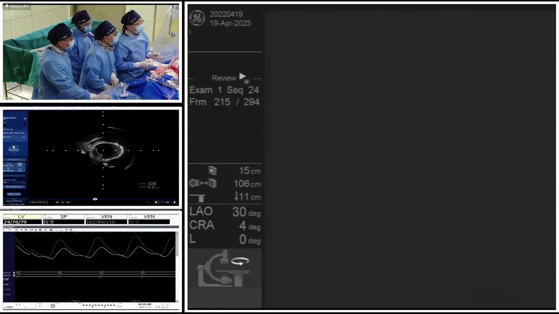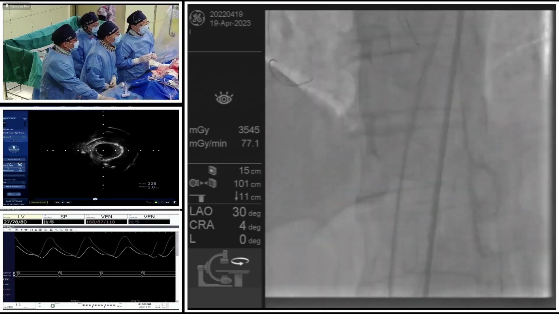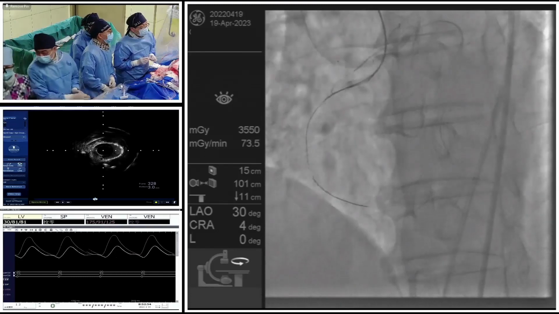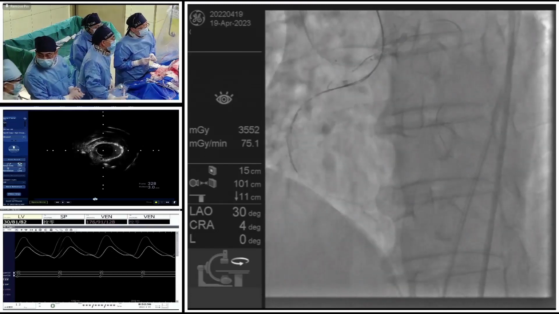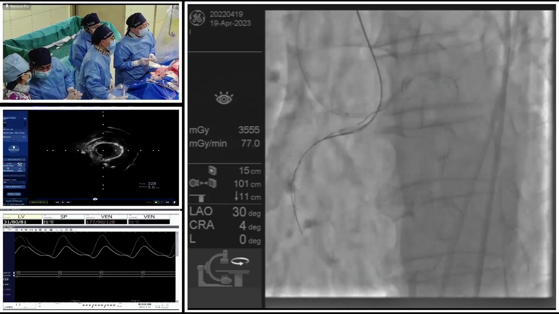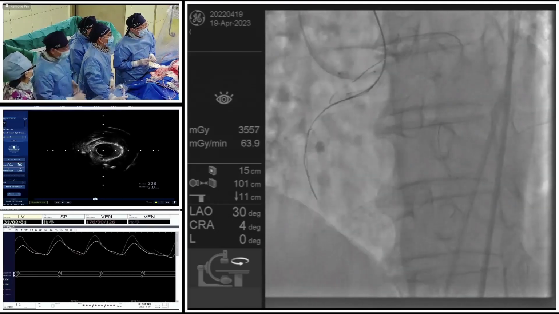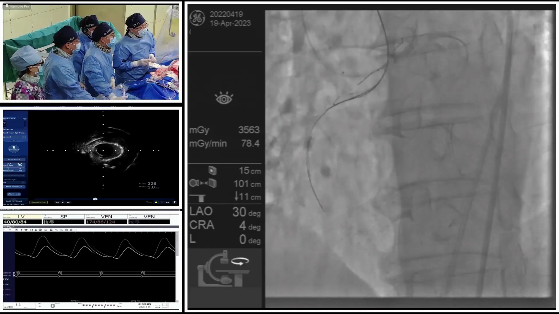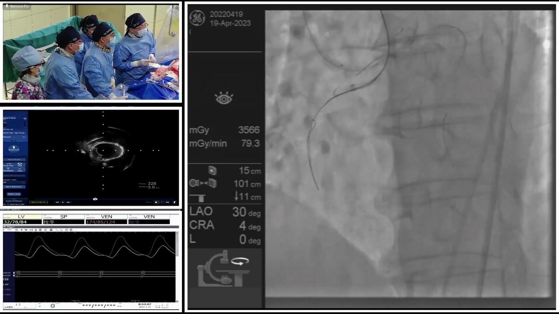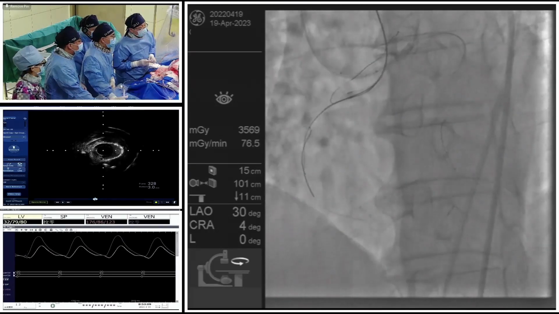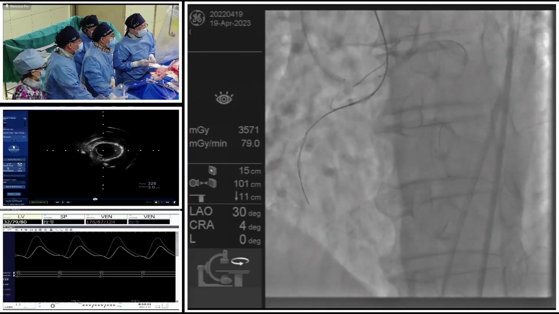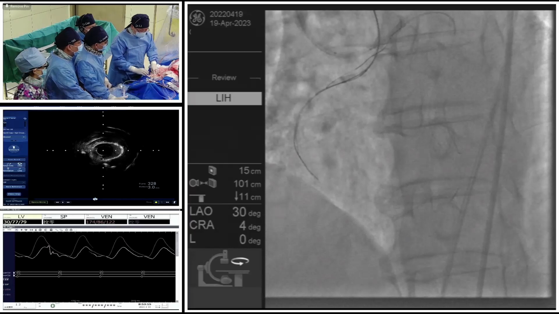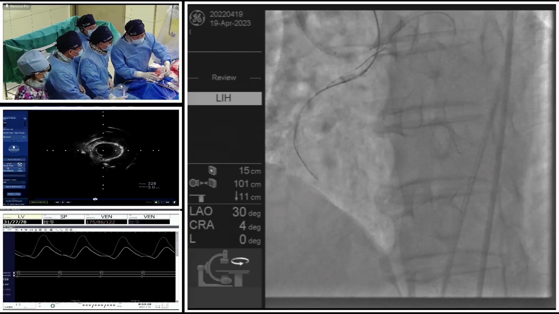So we can see the wire already coming to the marginal branch. Okay, here the antegrade wire seems to be quite close. Sometimes we could try the parallel wire technique. And the tip and trick is to make the retrograde wire straight to better work as a landmark.